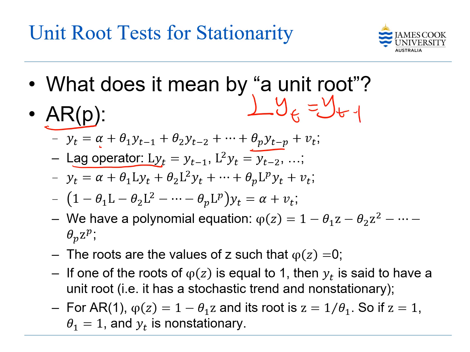If we lag Y_t by 2 periods, L^2 Y_t, then we get Y_{t-2}. More generally, L^p Y_t gives us Y_{t-p}, and so on and so forth.